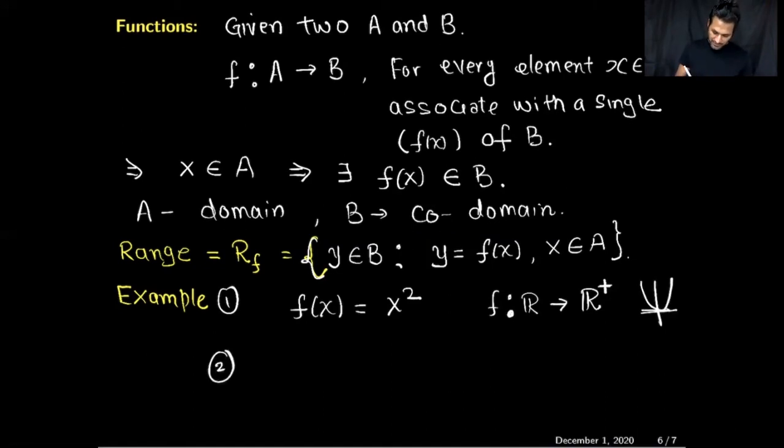The second example is very interesting for us, and this was introduced by Dirichlet, and we are going to use this example a lot in our course. This time, the example does not give you a formula for the function. Instead, it is defined as 1 if x belongs to the rational numbers, and 0 if x does not belong to the rational numbers.